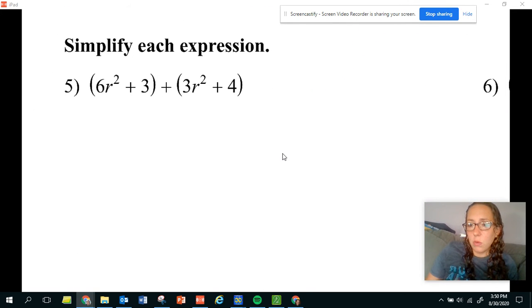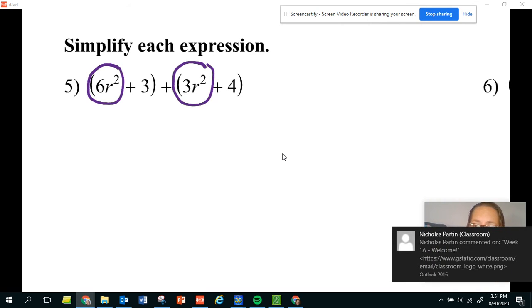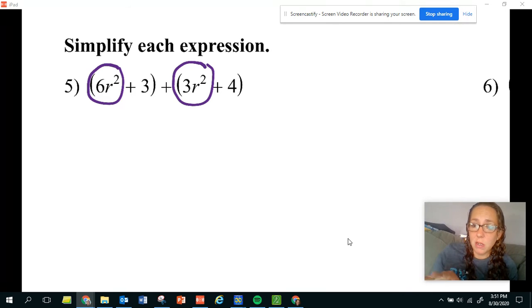Okay, so today we're going to look at combining like terms. And basically what that means is you're going to add the coefficients of terms so long as they have the exact same variable. So for example, on this one, I have two terms that have an r squared. It has to be the same letter, and it has to be the same exponent on that letter if there's an exponent.